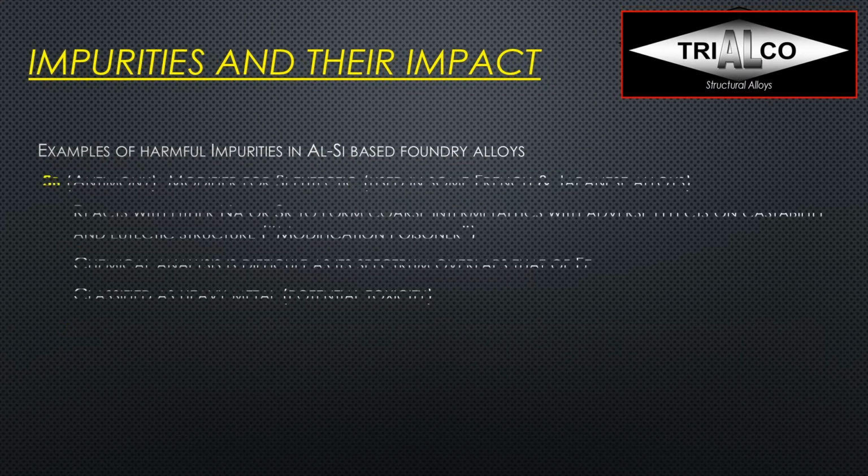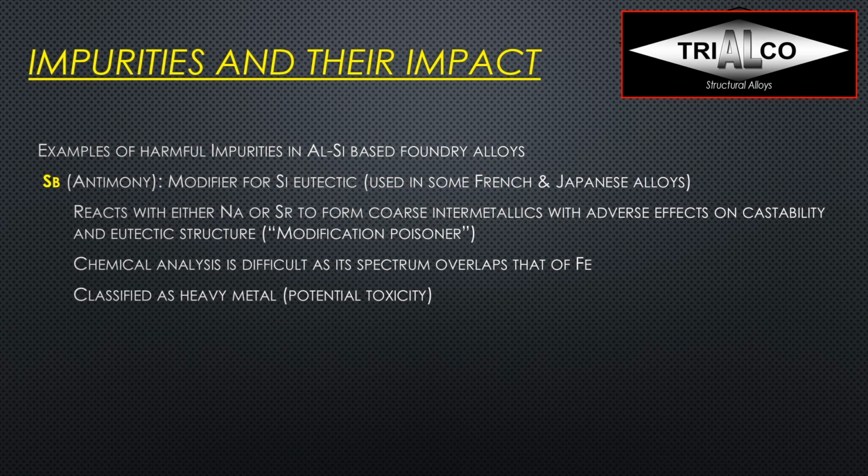Antimony, it's another modifier for silicon eutectic, used in a lot of French wheels, also in some Japanese alloys. It reacts with either sodium or strontium to form coarse intermetallics with very adverse effects on castability and eutectic structure, so it's also a modification poisoner, and it can be found in some recycled wheels from French vehicles, for example.